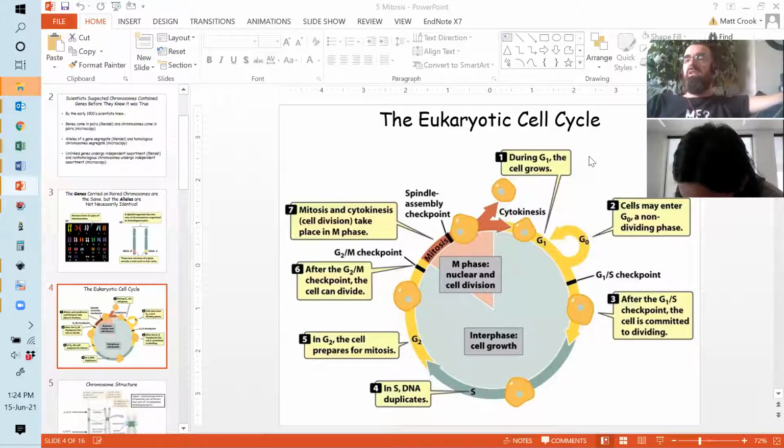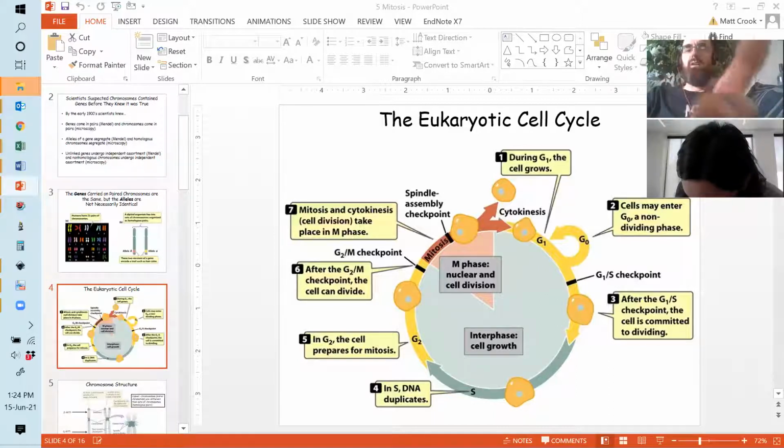First thing that the G1 to S checkpoint, let's type this out actually. Checks for 2 things. 1, does the cell have enough energy to make it all the way through?